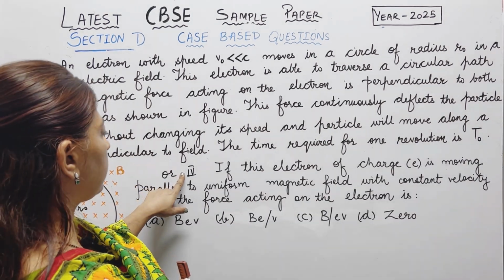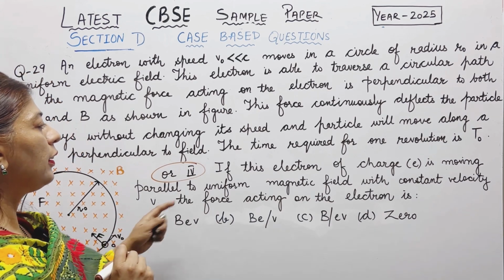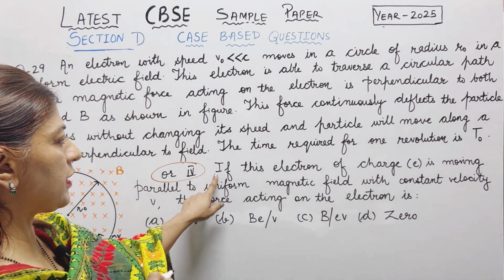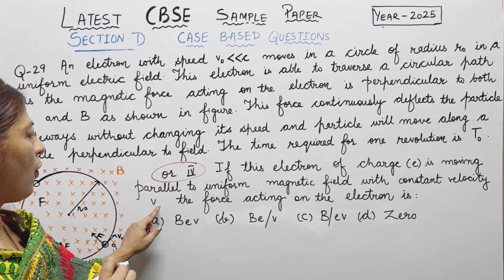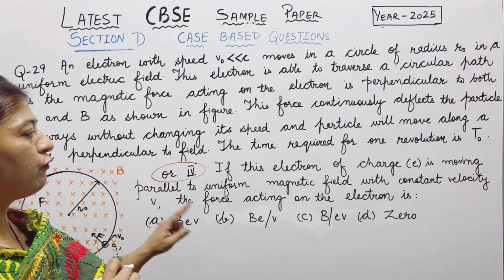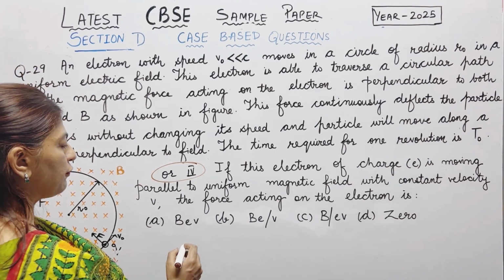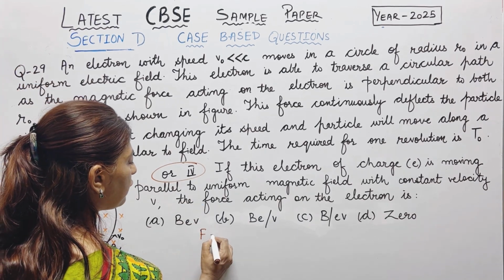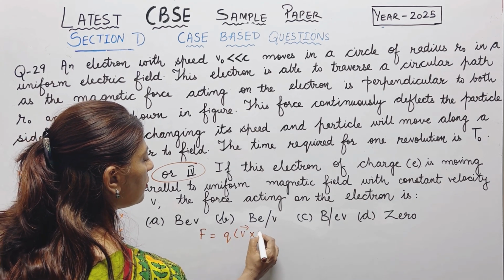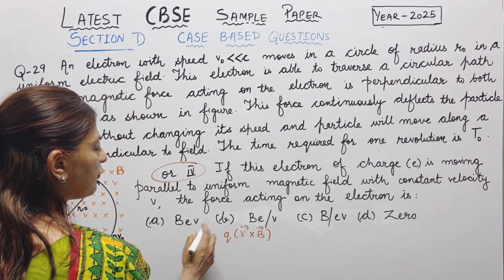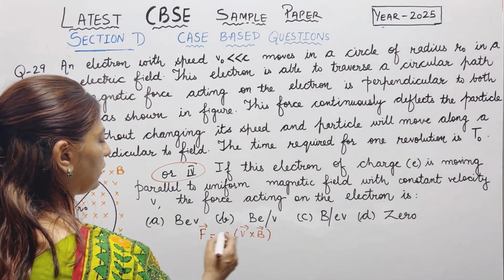Now the next part, where choices are given: if an electron of charge e is moving parallel to a uniform magnetic field with constant velocity v, the force acting on the electron is, see, we again have the formula F is equal to Q V cross B. F is the force, Q is the charge, V is the velocity and B is the magnetic field.